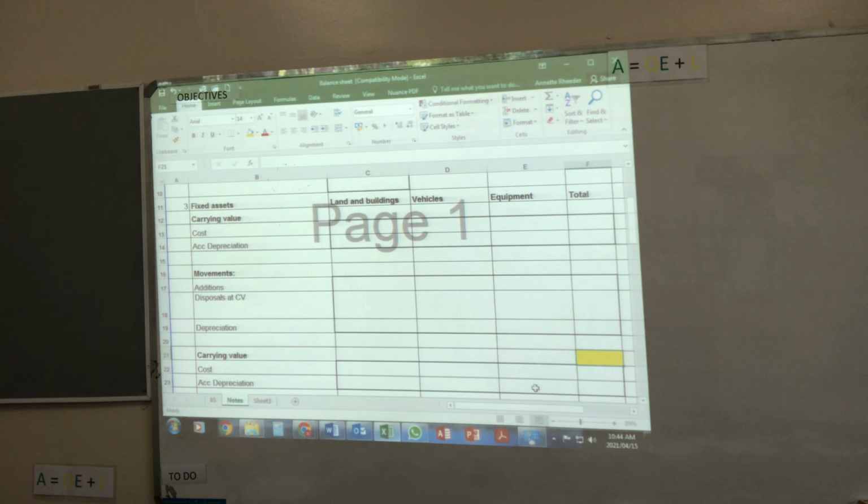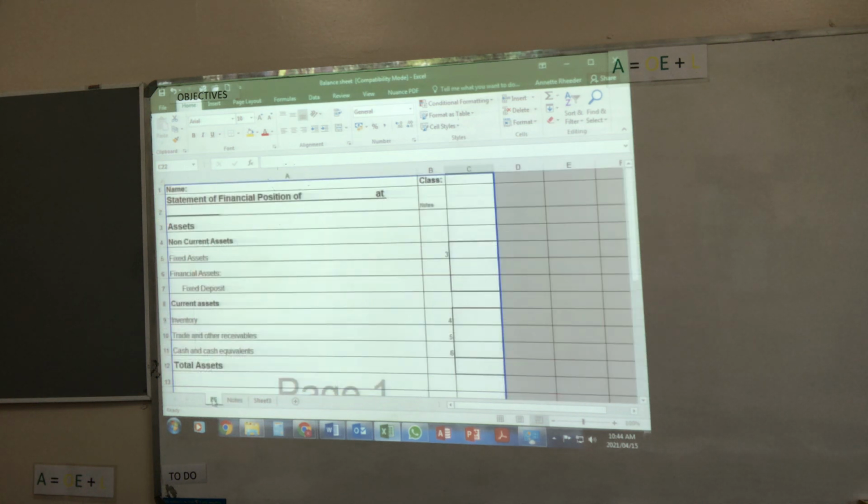Just a reminder of note 3, no matter how many amounts are in this whole note, that yellow block, the carrying value total of all the fixed assets, is the amount that we're going to write next to note 3 in the face of the balance sheet.